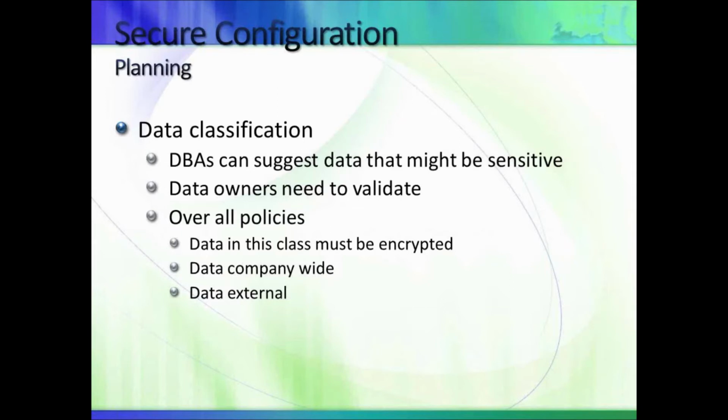So not only do we have the role of being administrators, but we also have this communication role in discussing: we understand we have sensitive data in this database, here are the things we can do to encrypt it, protect it, and make sure only certain roles have access to it, but we need to make sure we are capturing all the data that's sensitive.